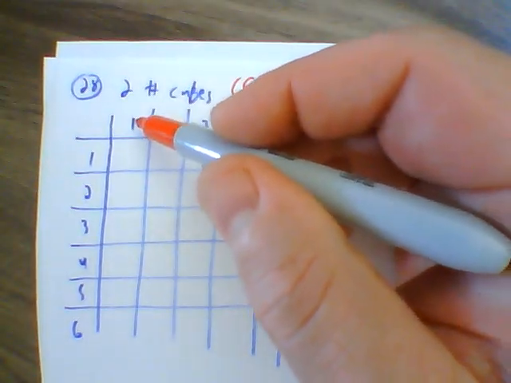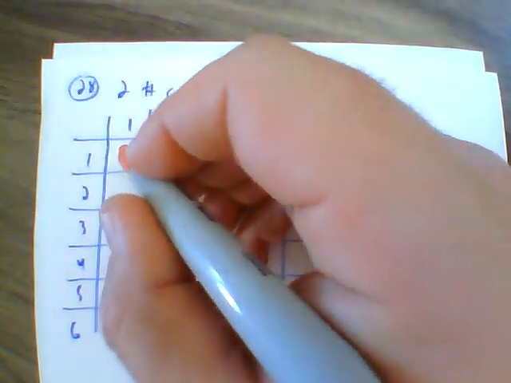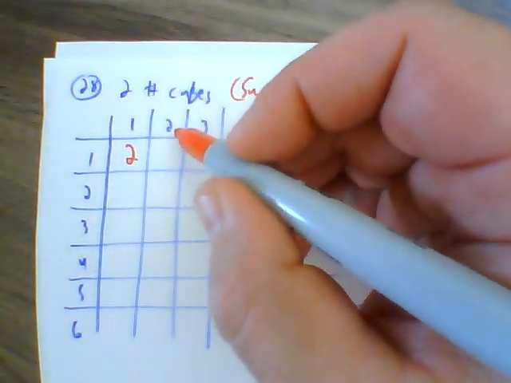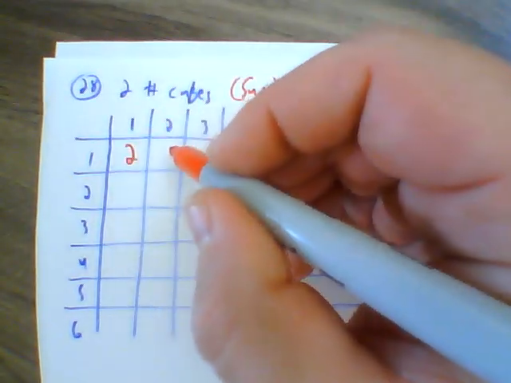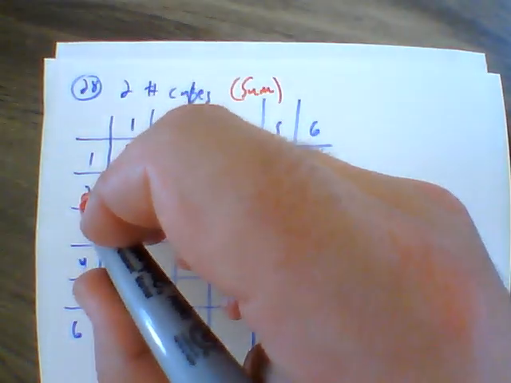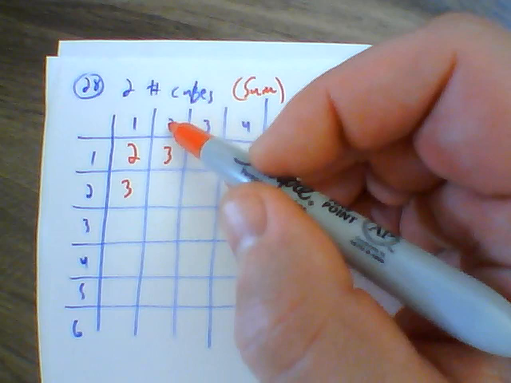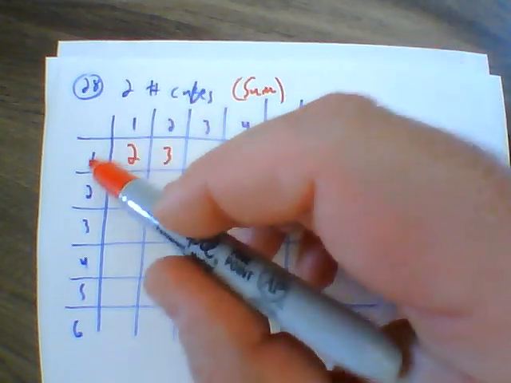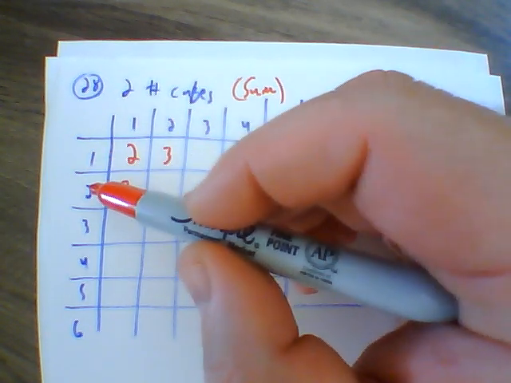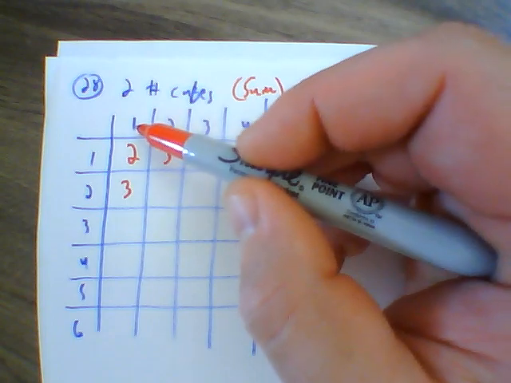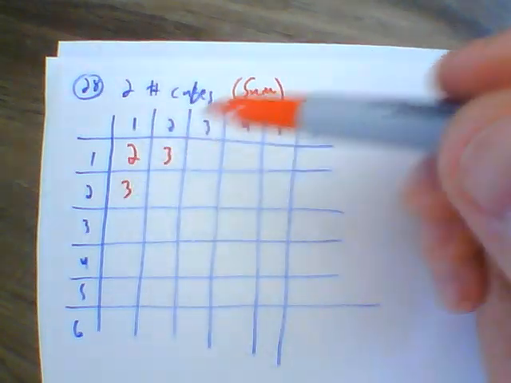I'm just going to go on red here. You could roll a 1 and a 1, meaning your sum would be 2. You could roll a 2 and a 1, which would be 3. Or you could roll a 2 and a 1 the other way. The first number cube could roll a 2 and the second a 1, or the second could roll a 2 and the first a 1. So there are differences in here.